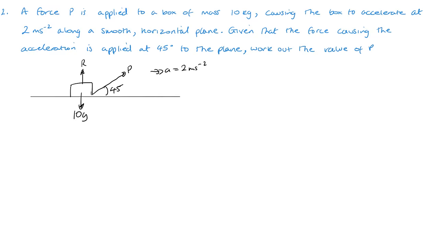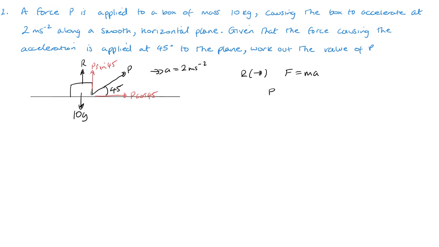Okay, so let's resolve. So this is P cos 45 and P sine 45. So resolving horizontally, we've got F equals MA.